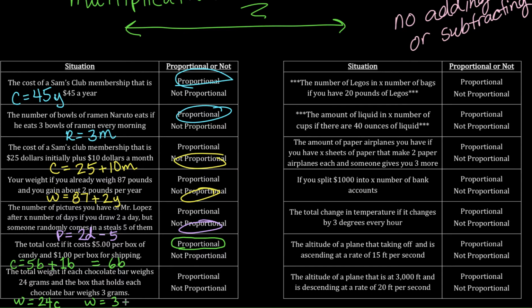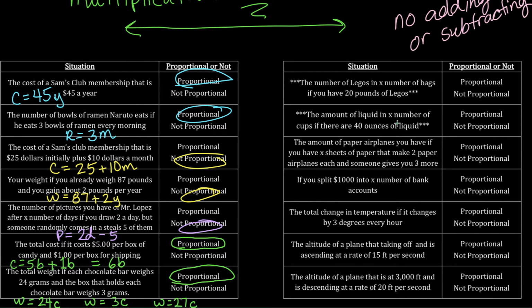So it's still per chocolate. So in reality, this is just 27 grams per chocolate. So the weight was 24 grams per chocolate and 3 grams per chocolate, which actually is just 27 grams per chocolate, proportional.